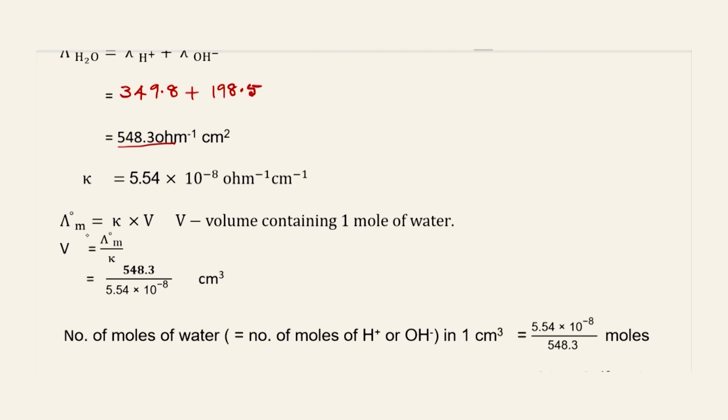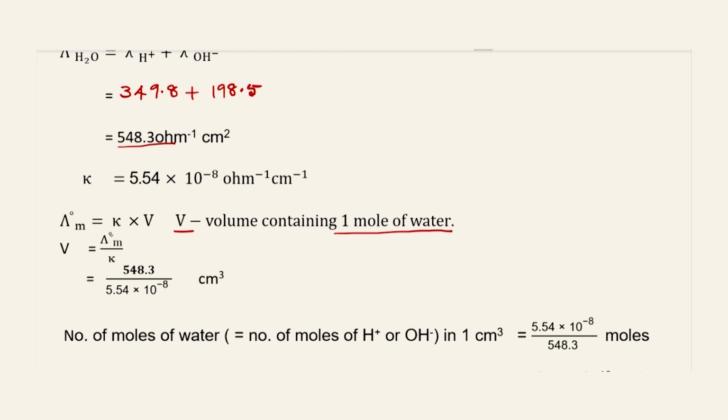Lambda 0 m, we know it is the molar conductance at infinite dilution, is equal to kappa into V, and V is the volume containing 1 mole of water. So, this volume V, which contains 1 mole of water, is equal to lambda 0 m by kappa.